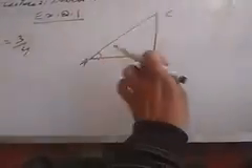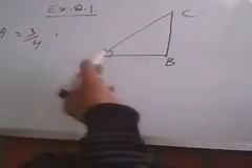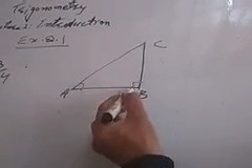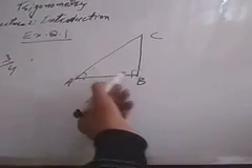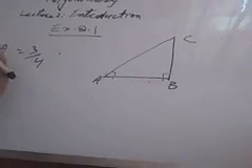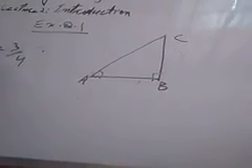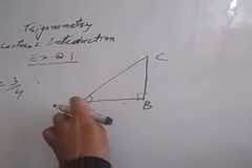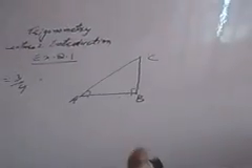Don't take it as the right angle. So A can be at either of these two positions, but not at the 90 degrees position.